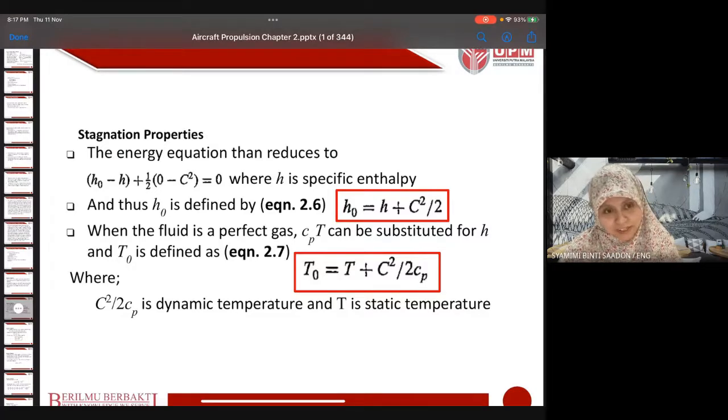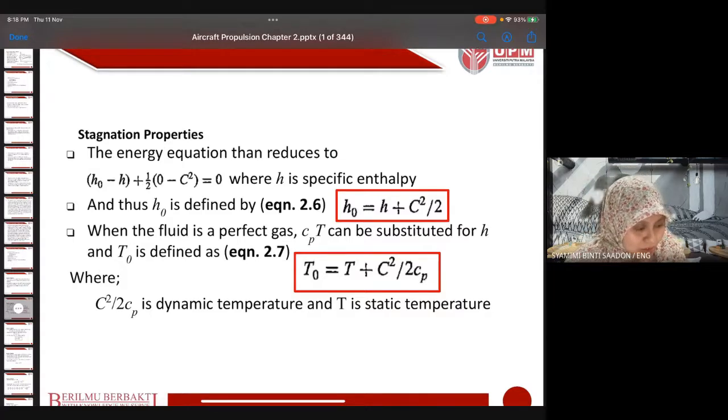With these stagnation properties, we assume that the working fluid intake, when it is introduced in the diffuser, comes to a complete stop. So at the end of the diffuser, we assume that the velocity is nearly zero, so zero here.